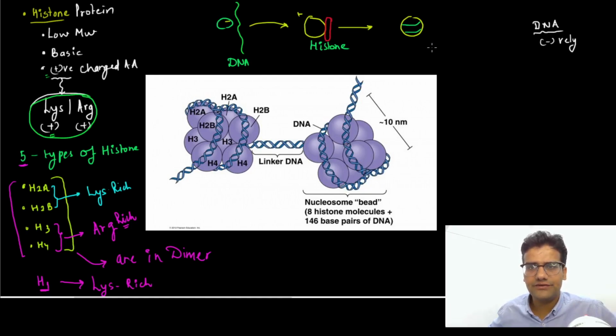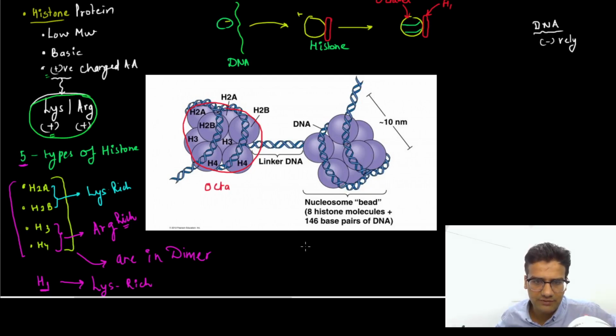So this is the complete structure. This is the H1 and this is the histone octamer. The diagram below basically represents the folding of DNA. We have this histone protein, and it is basically present in the octamer form, because if you have a look around, you will see that H2A is present twice.